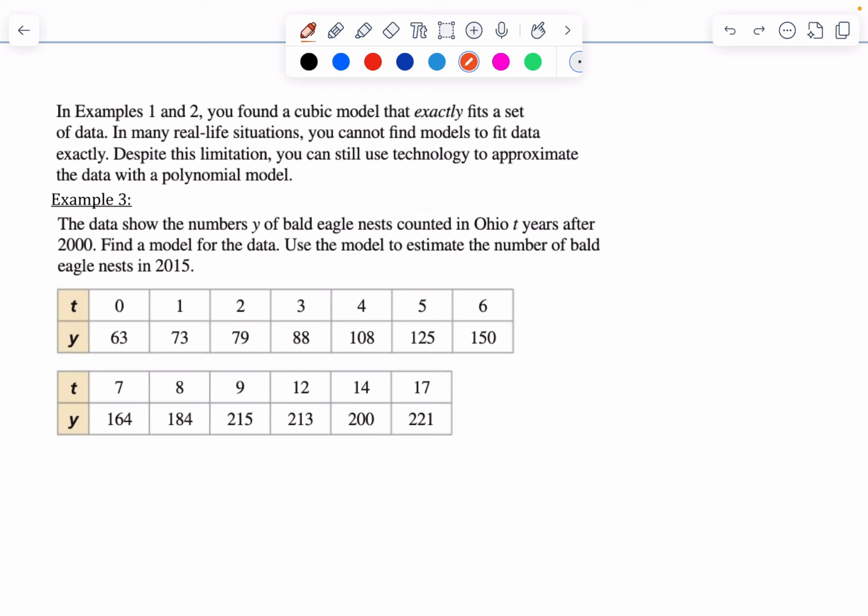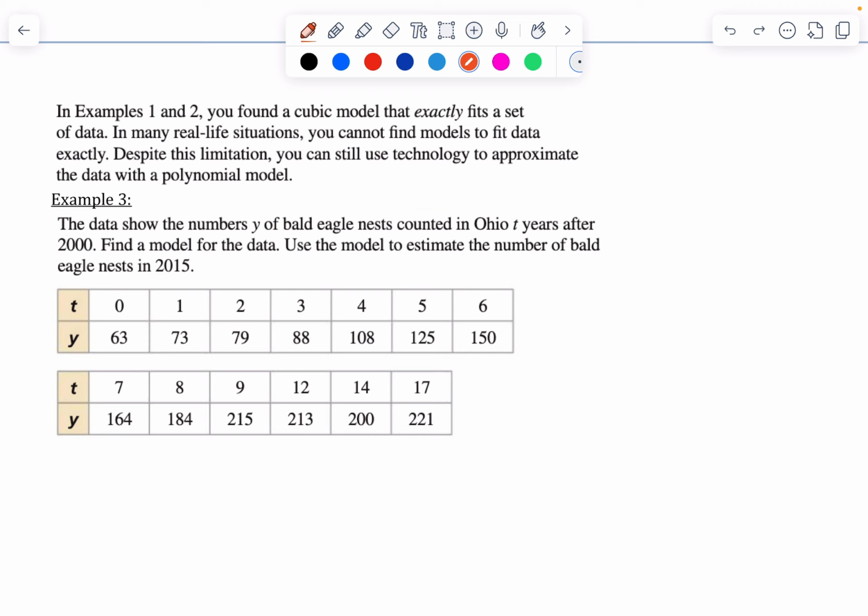Then we have 63, 73, 79, 88, 108, 125, 150, 164, 184, 215, 213, 200, 221.